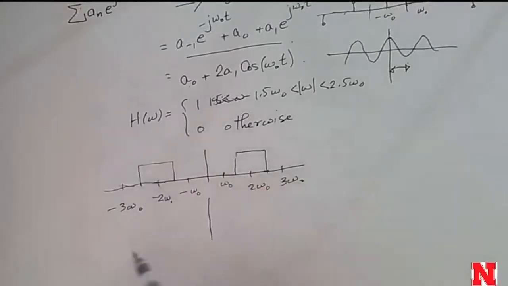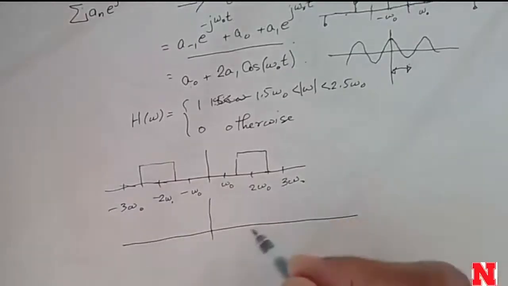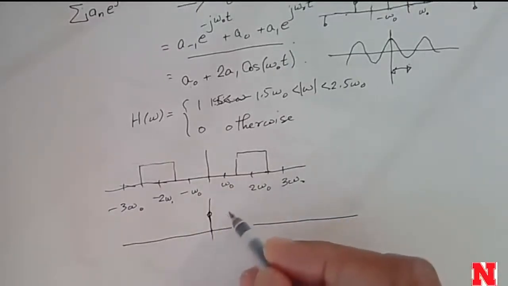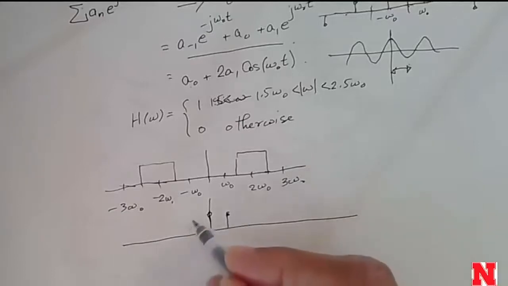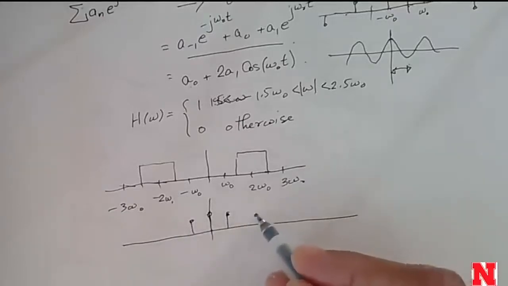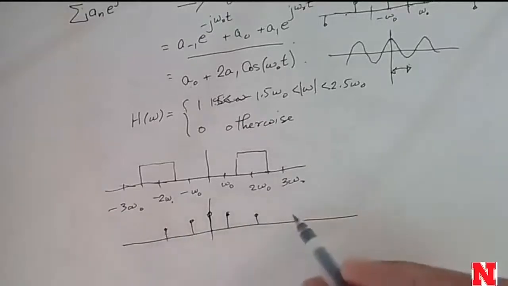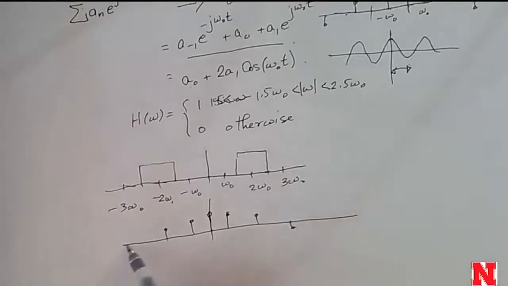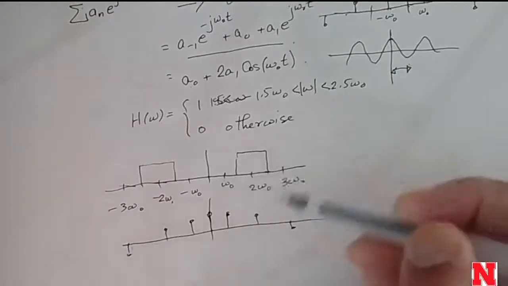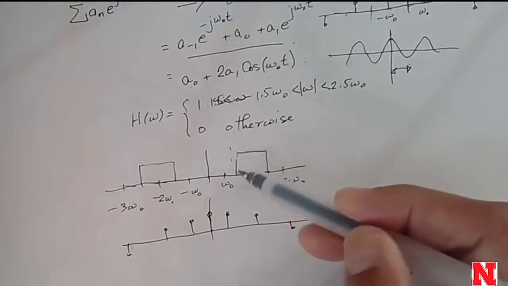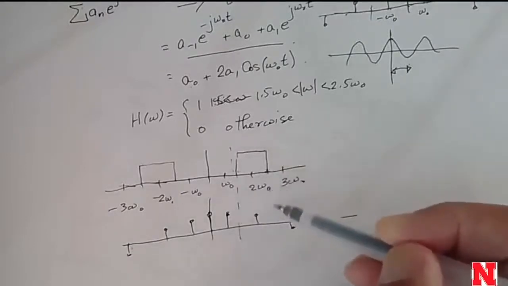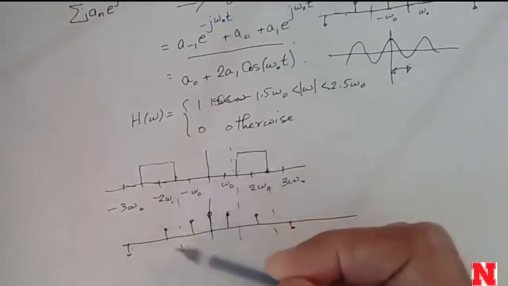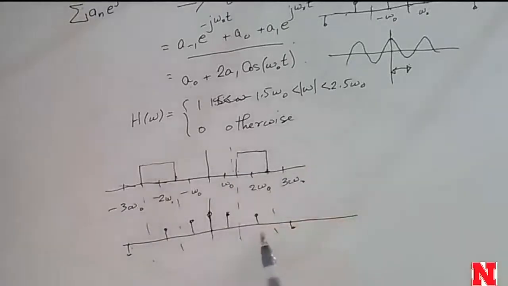The coefficients, if you remember, are going to be here, here, here, here, and so on. And when I multiply these things, the only coefficient that is being multiplied by something non-zero is the second coefficient.